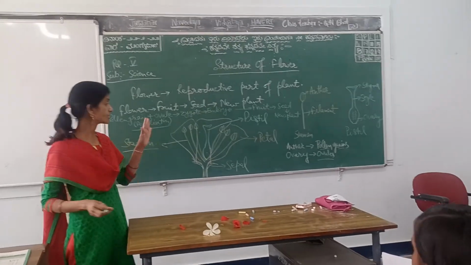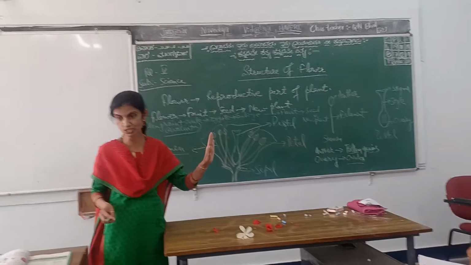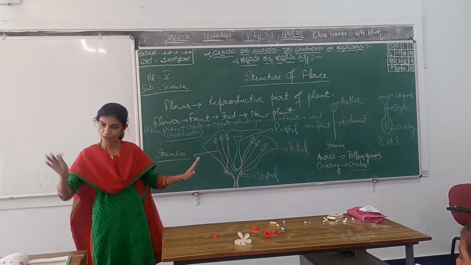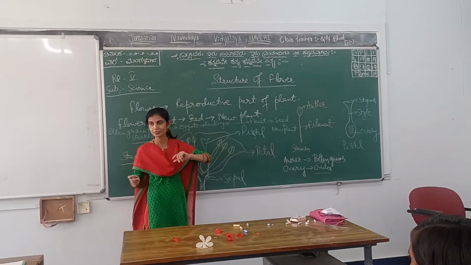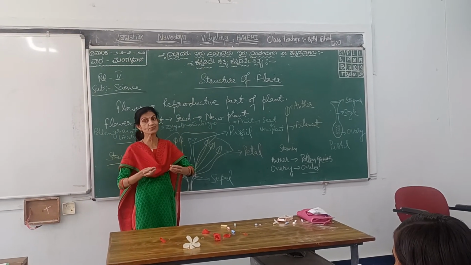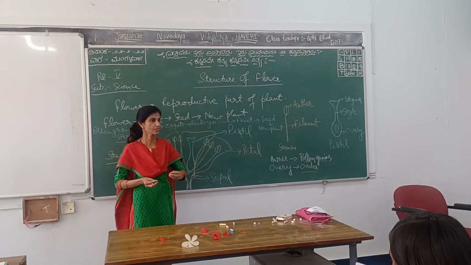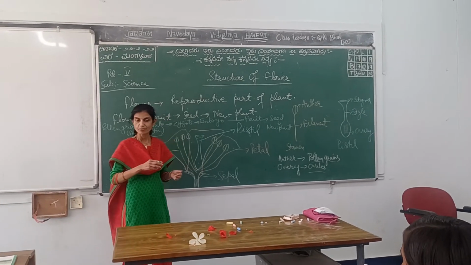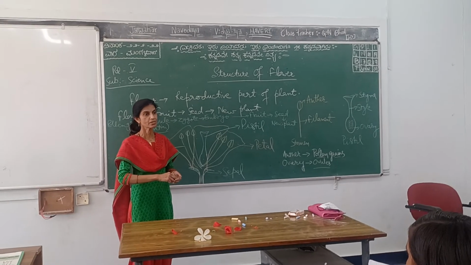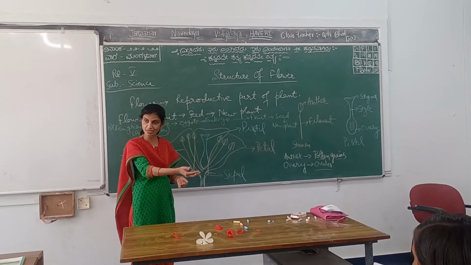In today's class, have you understood this structure of a flower? Yes. Now one more thing, this flower is very colorful. It attracts butterflies, it attracts insects. They sit on the colored petals, and after sitting on one flower, they sit on another flower.